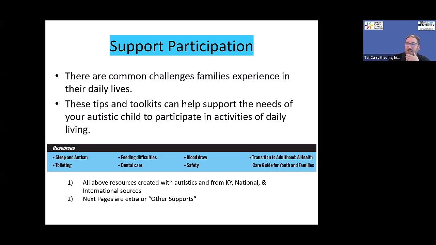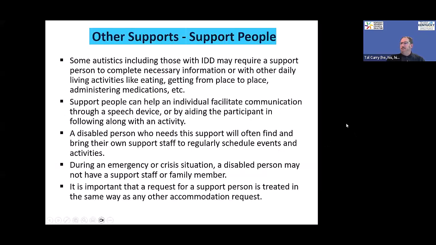And most importantly, they didn't have autistics around the table to begin with. Some of that I hear is improving, but these are going to be resources that will look different than resources that oftentimes families Google and get, and they cover some of the important topics, especially in early childhood and even through adult.